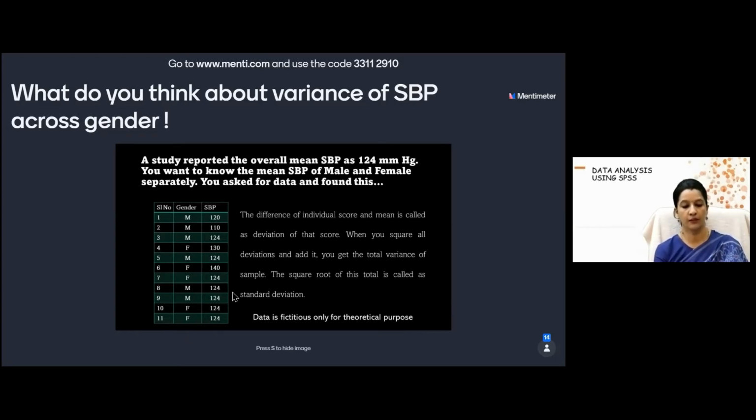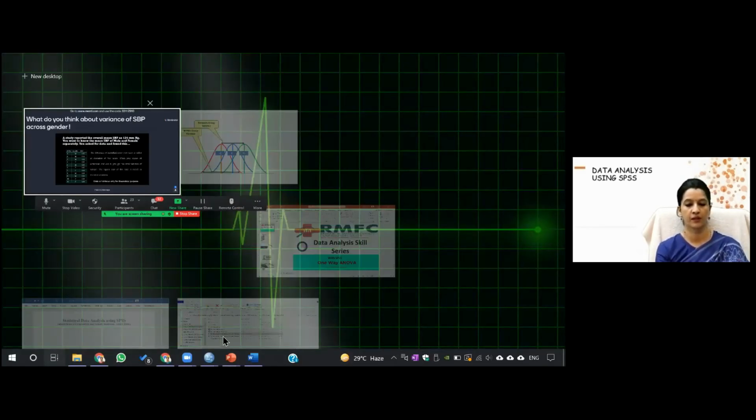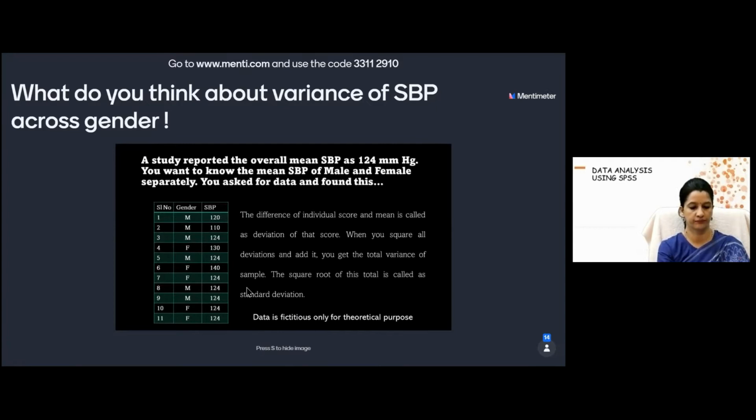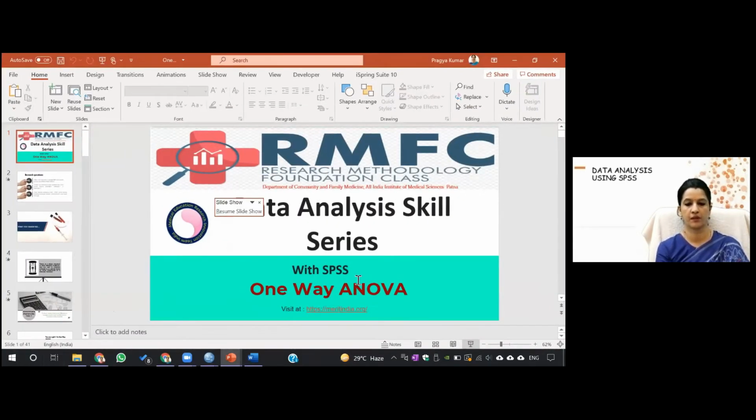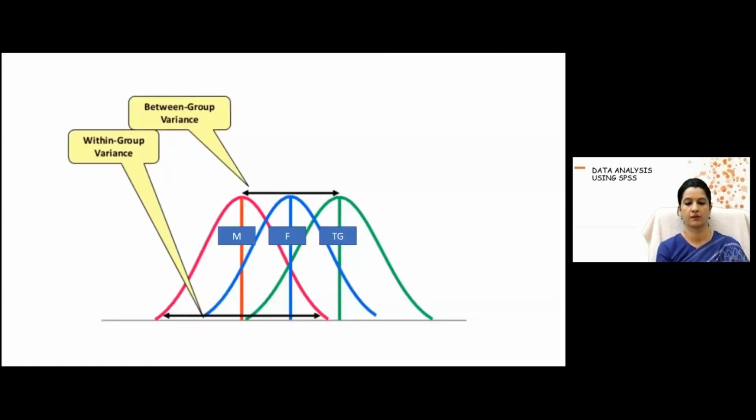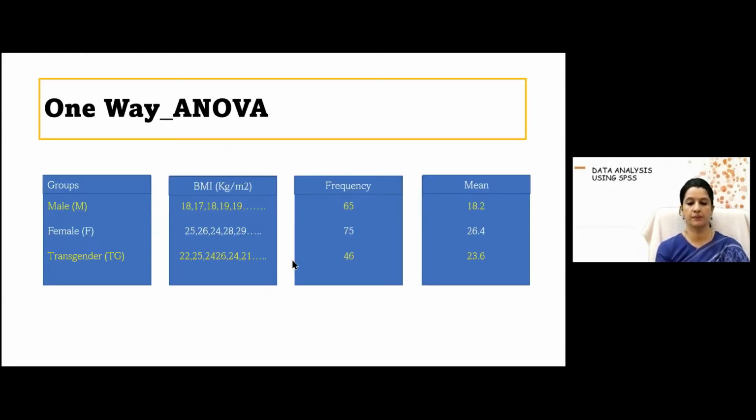Now coming to this, you can see here there are three groups: male, female, and transgender. So this tells you the mean of male, like you saw in the previous example.